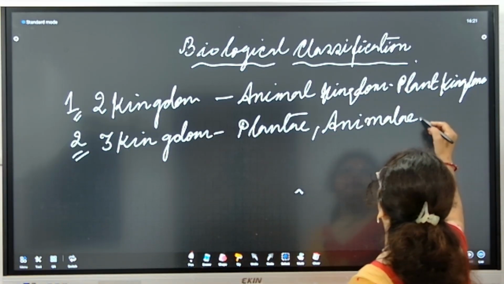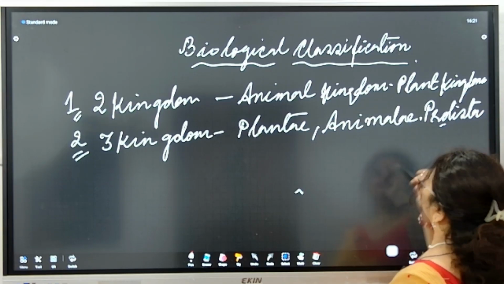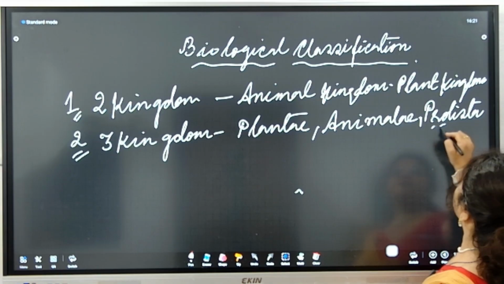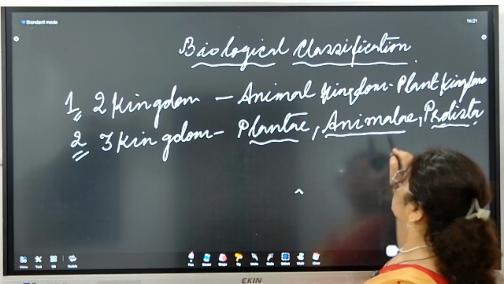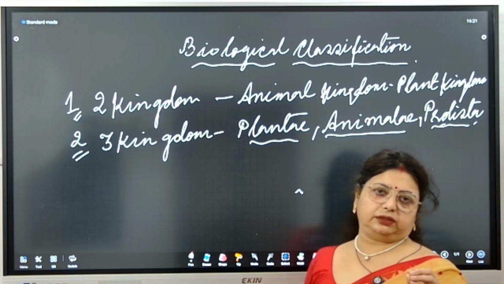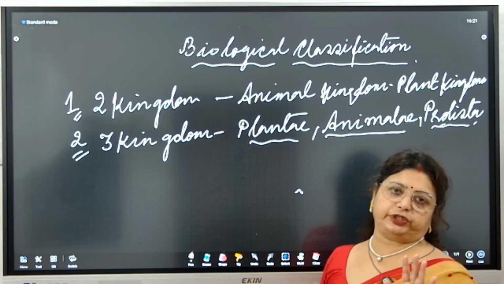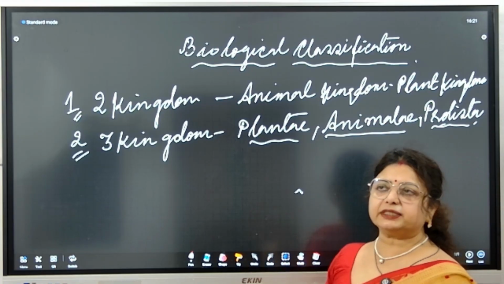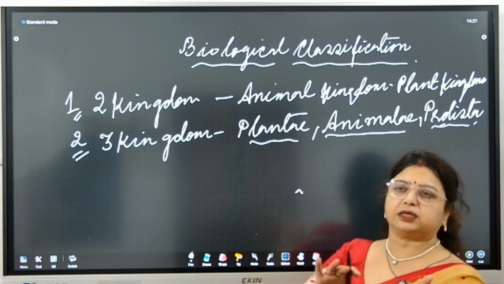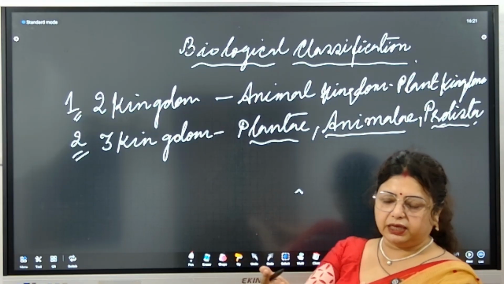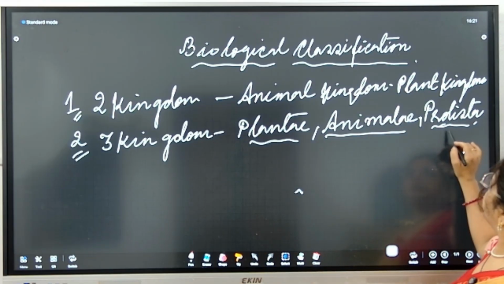Protista is a word very new to you. The organisms which are unicellular, made up of only one cell, are called Protista. The scientists did the research work and found some unicellular organisms mixed with the plant kingdom and animal kingdom. They were derived separately and kept in the kingdom Protista.